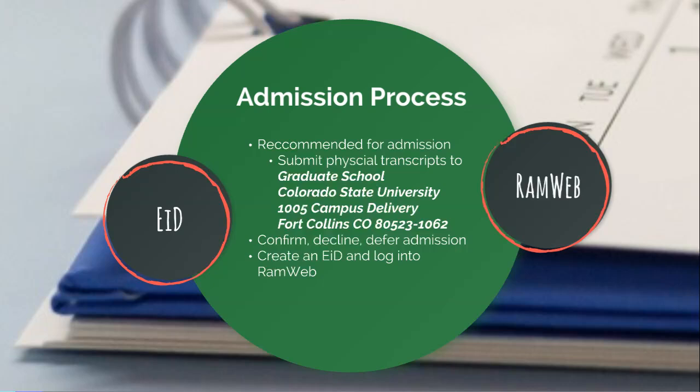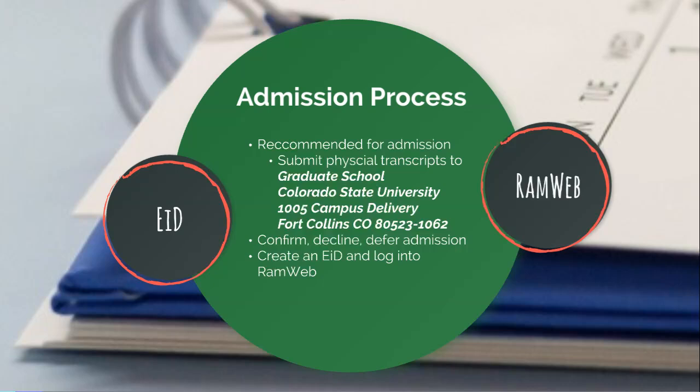After that, you need to submit your physical transcripts to the graduate school. This is for both on-campus, hybrid, and online graduate students. So go ahead and start the process of submitting your physical transcripts. You have 2 semesters to get those official transcripts, and they must be sent via mail from your school.